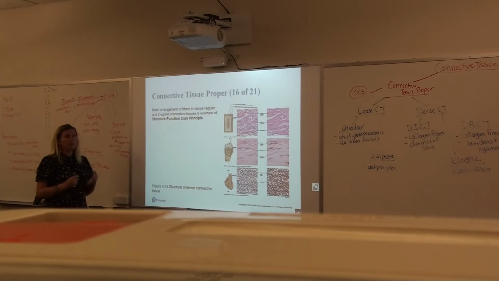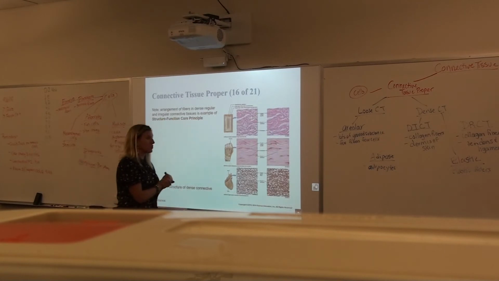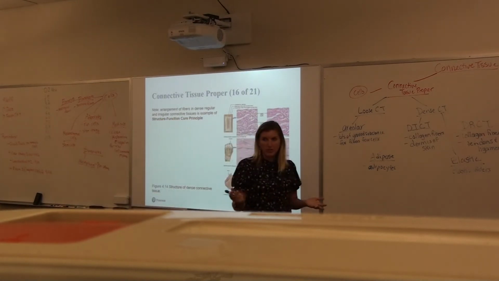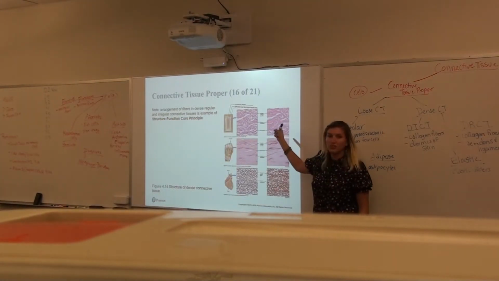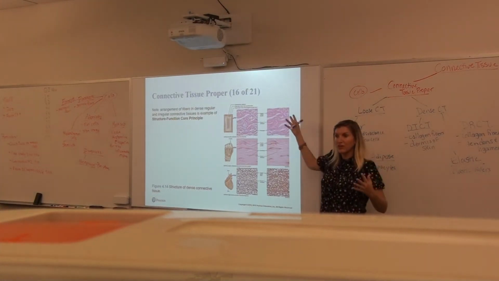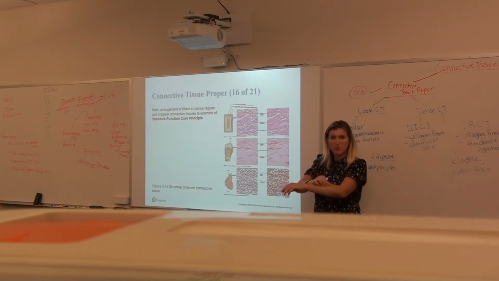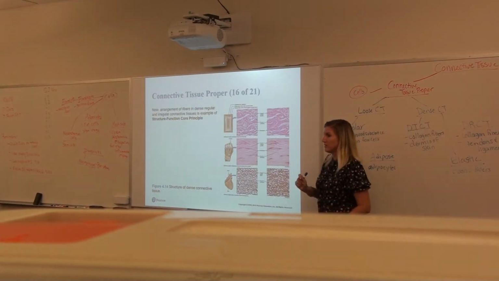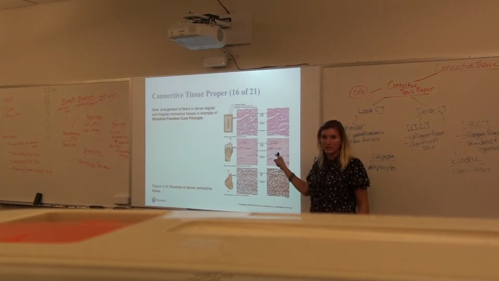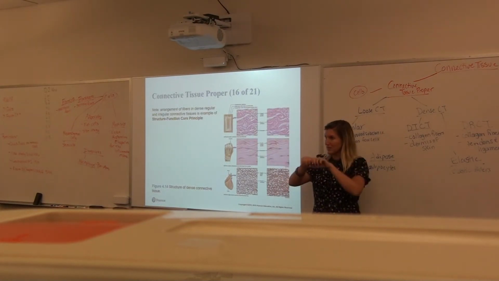So, going back to our structure function concept that we keep hounding on, something that needs to resist force in multiple directions will have collagen that goes in different directions, like our dense irregular connective tissue. Think about how our skin can twist and bend and gets pulled all the time. It's a great area for dense irregular connective tissue. Whereas in dense regular connective tissue, those fibers are all going in the same direction.